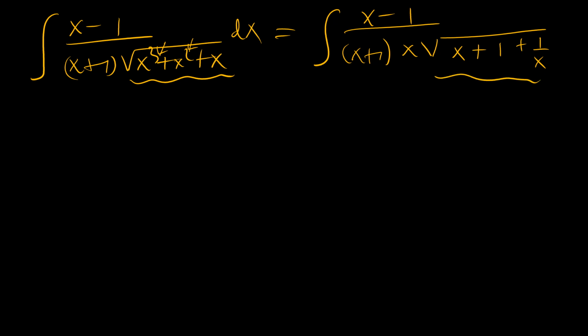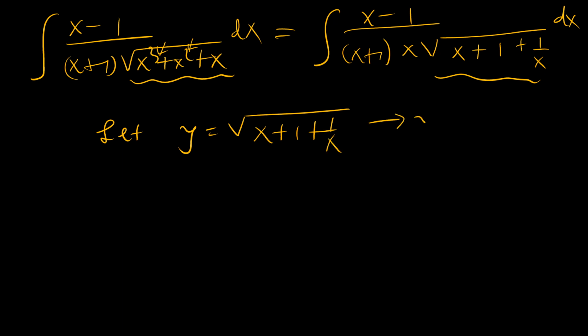And this is interesting. So let's try to substitute for that. Say let y be equal to the square root of x plus 1 plus 1 over x. That means that y squared is equal to x plus 1 plus 1 over x.